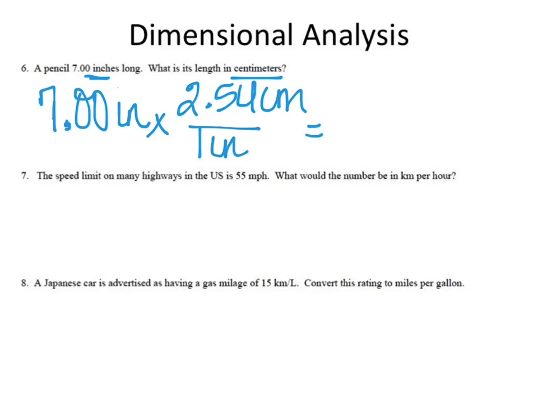So if we put that in the calculator, we see that our inches cross each other out. They divide out. We're left with centimeters, which is good. That's what we want. And what do we get to 3 sig figs? 17.8.